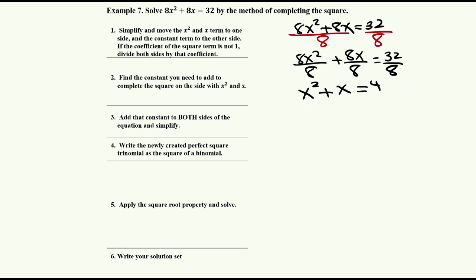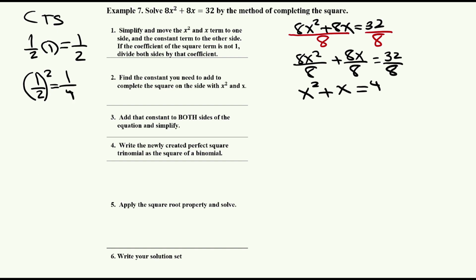So now we go ahead and proceed by finding the constant we need to add to complete the square on this. Of course, the coefficient of x being 1. So we have 1/2 of 1. This is our CTS corner here. That gives us 1/2. And we're going to take the 1/2 and square it to get 1/4.